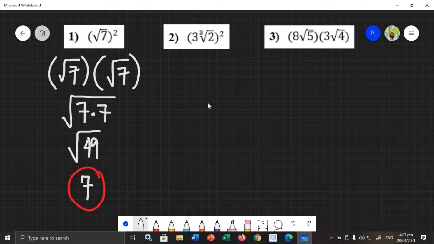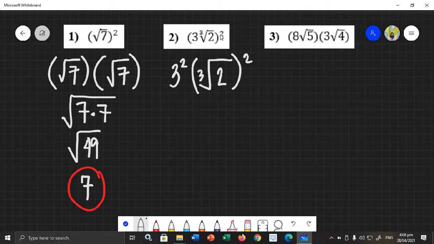How about the second example? For the second example, we have a numerical coefficient, so we need to apply the power rule in the laws of exponents. We distribute 2, which is the exponent outside the parentheses, to each term inside the parentheses. So we have 3 raised to the second power, as well as cube root of 2 raised to the second power.